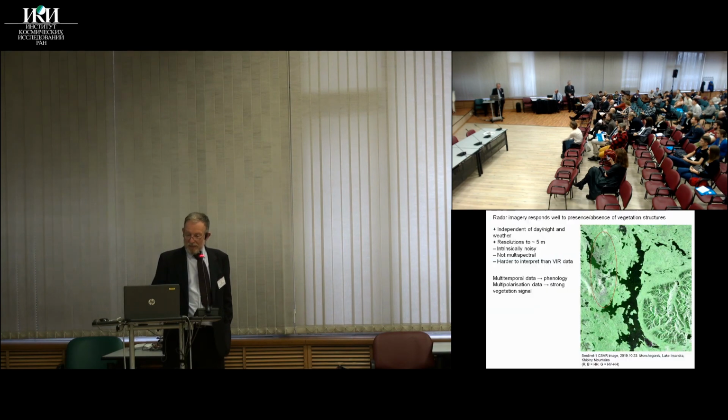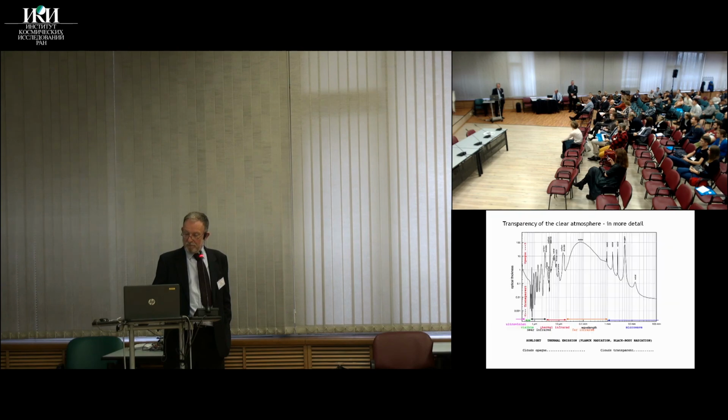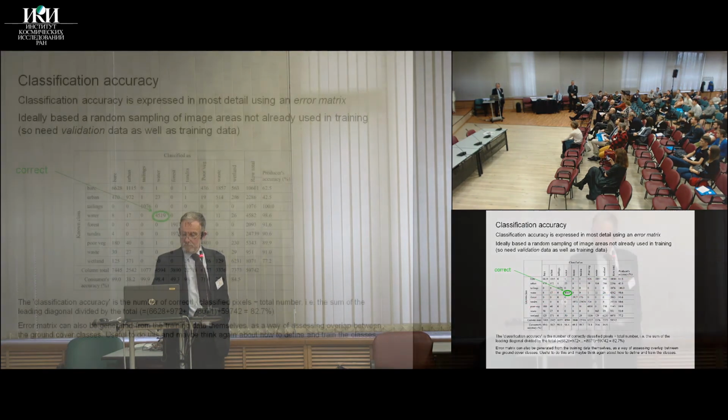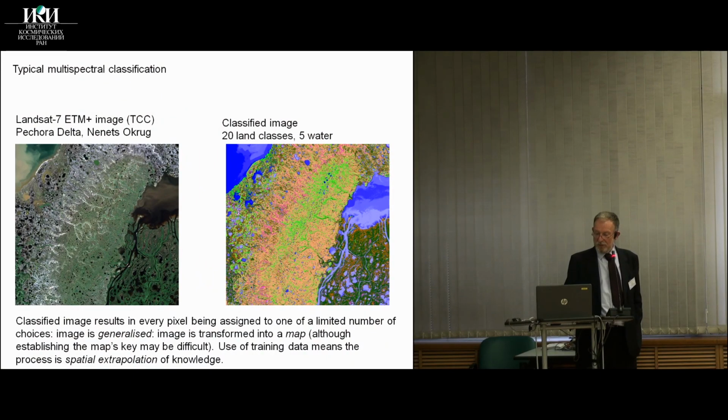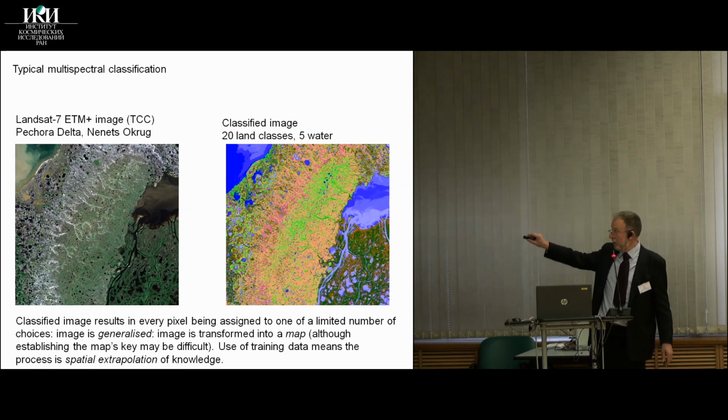Let me jump back, if I can jump back quickly enough. Not this one. This one, this one, this one. Yes. The reason, this is the Pechora River. This is the Nenets Okrug, Pechora Delta, Pechora River.